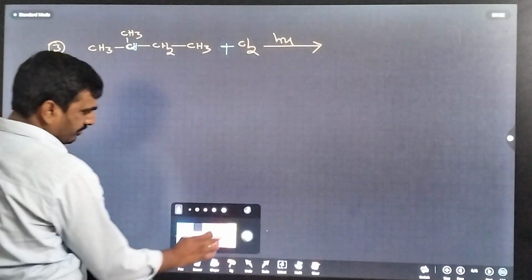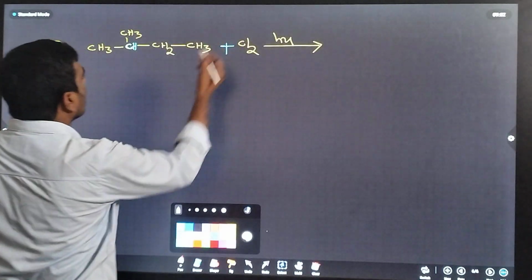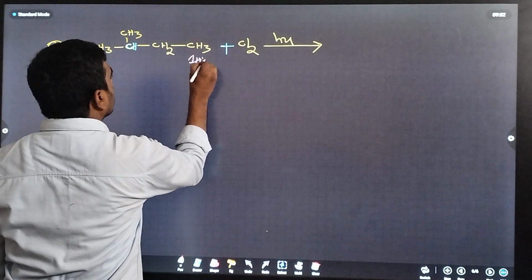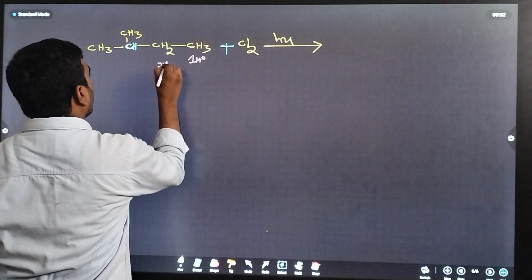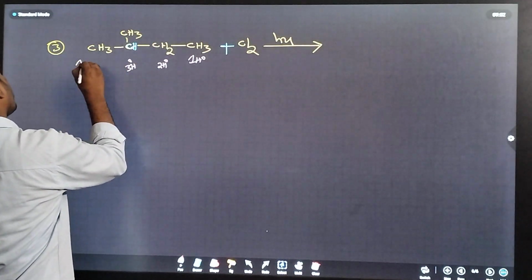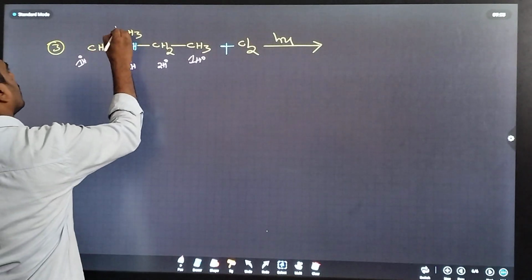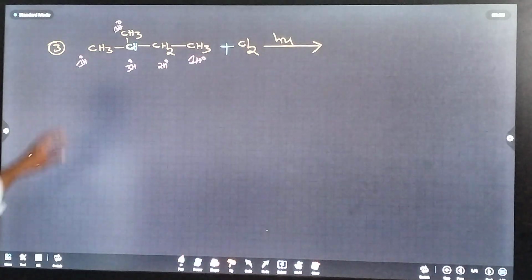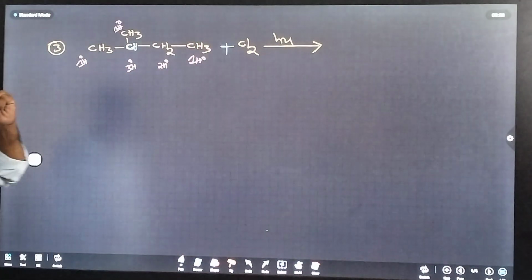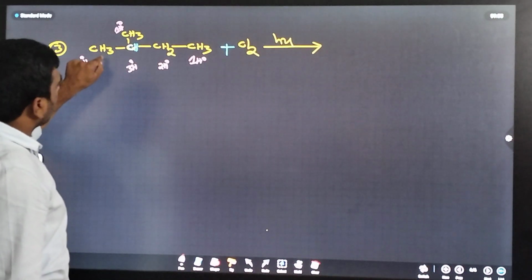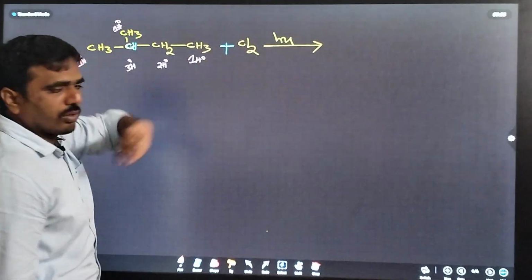So here this is the primary hydrogen, this is the secondary hydrogen, this is the tertiary hydrogen, this is also primary hydrogen. So here how many primary hydrogens are there? Okay, 9 primary hydrogens. So here this hydrogen atom is replaced by a chlorine atom.